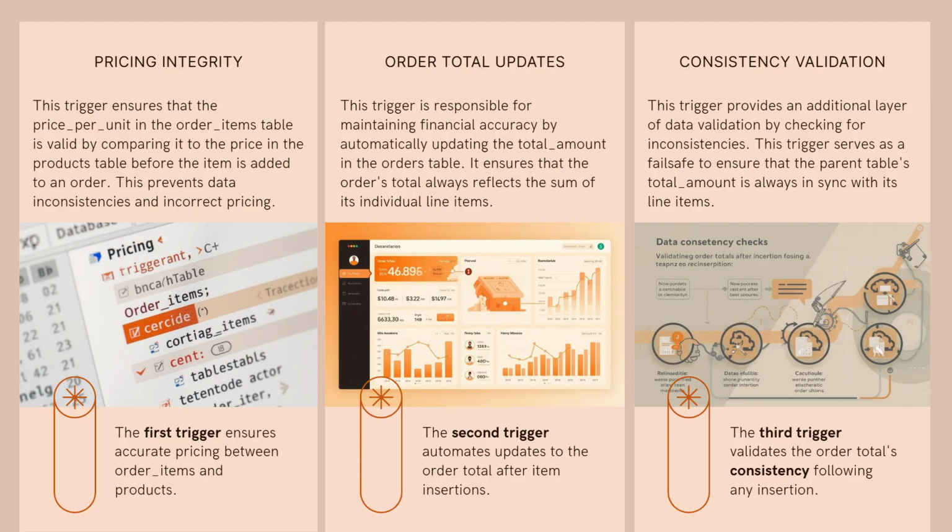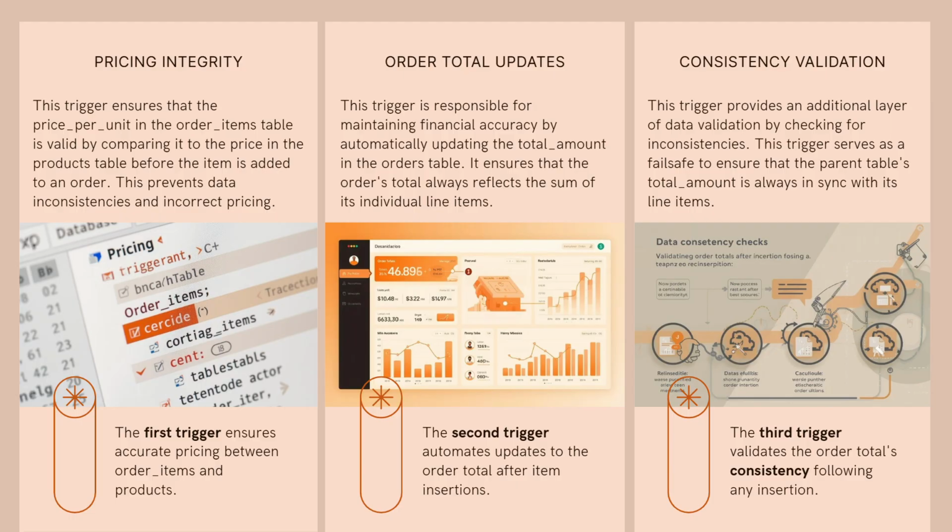So, for example, consider that I have a product A in the product table with a pricing of $10. Now, if someone purchases this product and that order entry is entered in the order items table with a different price, for example, maybe $20, then there is this data inconsistency, right?